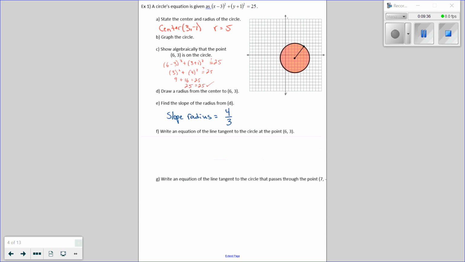So we'll use perpendicular slopes. Since the tangent to the circle is perpendicular to the radius, we'll use the opposite reciprocal slope. If the original slope was 4/3, then our perpendicular slope is -3/4, and our line will be passing through the point (6, 3). So write the equation.